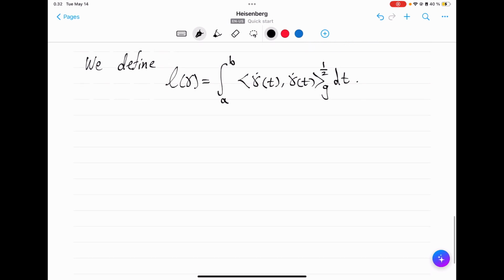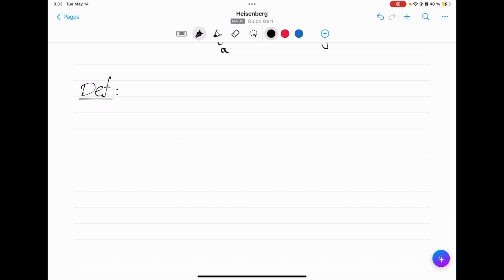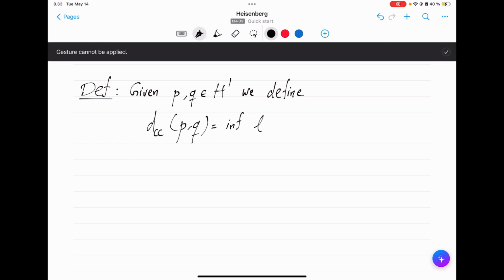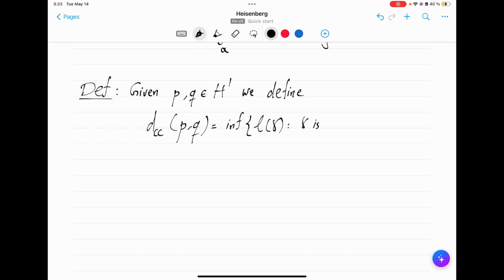And the final definition, because I promised we will construct a metric on H1: given P and Q in H1, identified with R3, we define the Carnot-Caratheodory distance of P and Q to be the infimum of the length of gamma such that gamma is horizontal and joins P to Q.